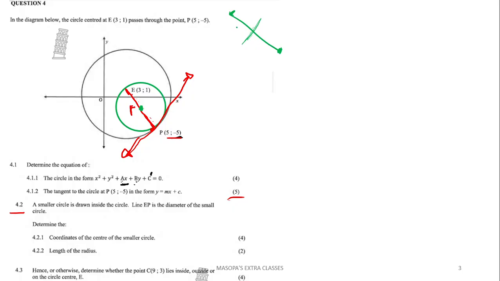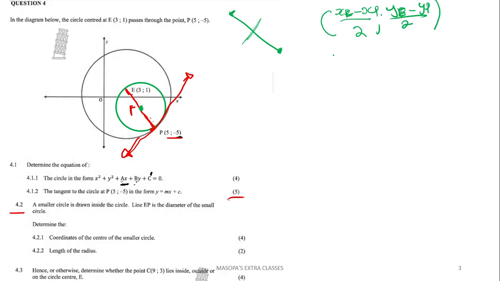Right, so let's go and look for the midpoint, or rather the coordinates of the center of the small circle, which will be the midpoint of E and P. So the midpoint will be the x value of E minus the x value of P divided by 2, and the y value of E minus the y value of P divided by 2.